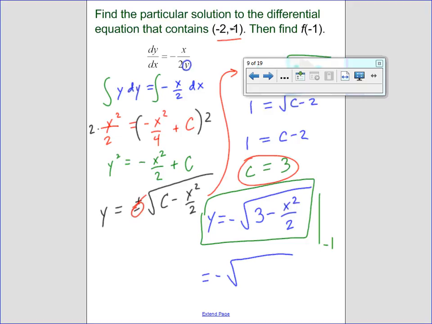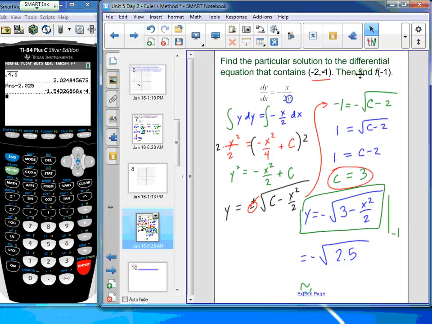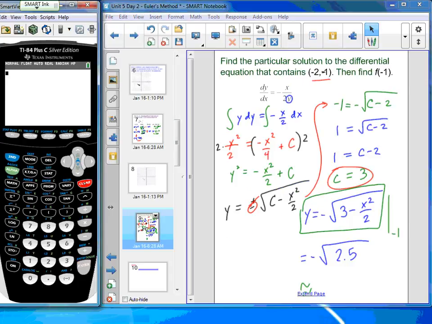Is that what you guys are getting? Negative 1 squared is positive 1. 3 minus 1/2 is 2.5. Yes? So what is this giving? I don't know. Opposite of square root of 2.5.